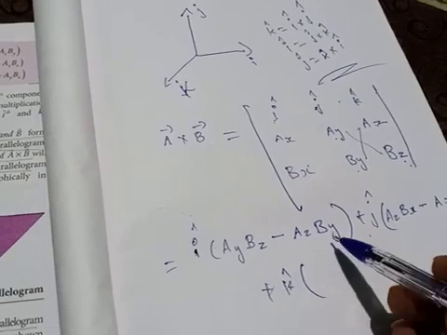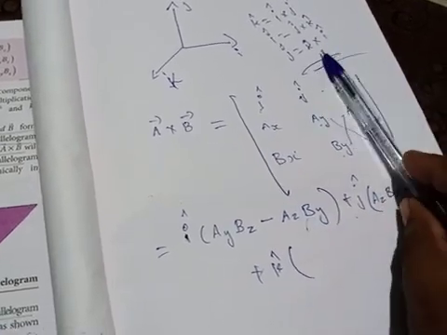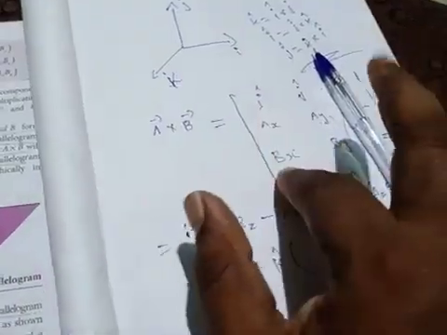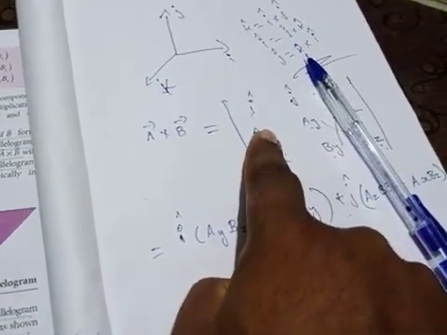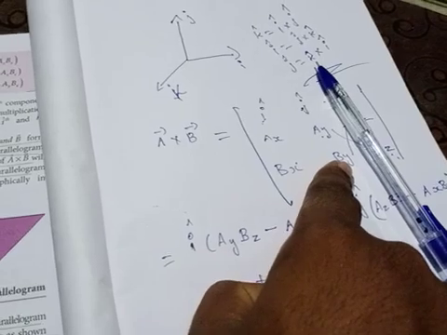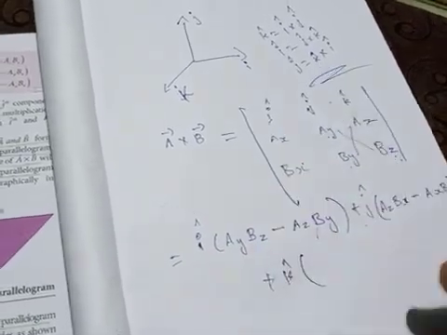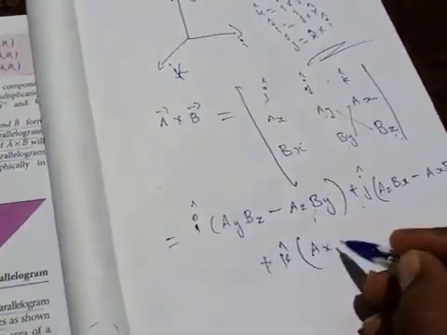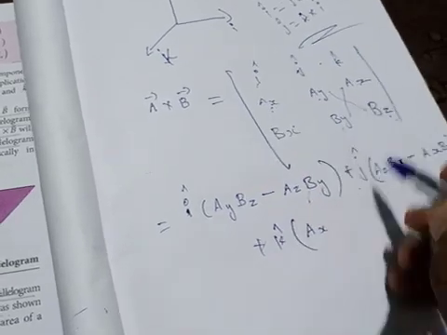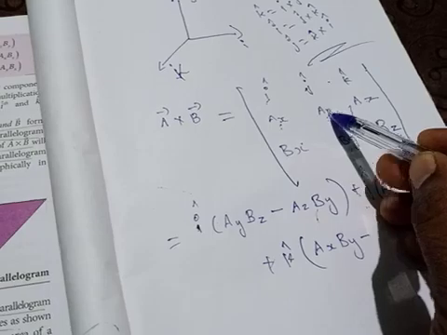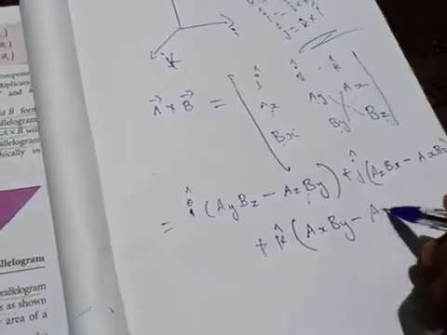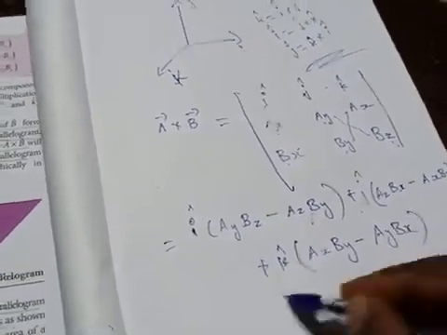When taking K, you take the remaining four: AX BY minus AY BX. This is how you can write it for component vectors.